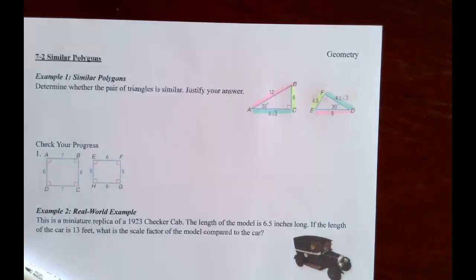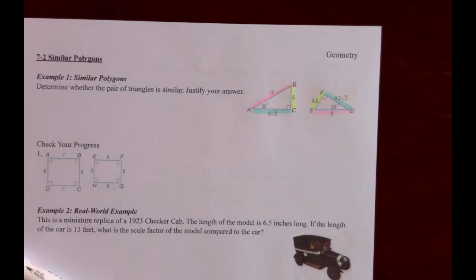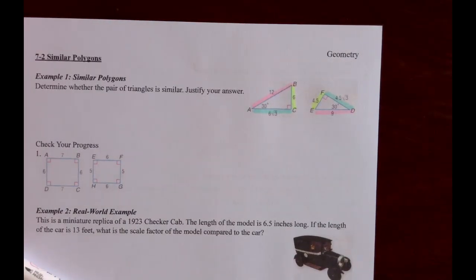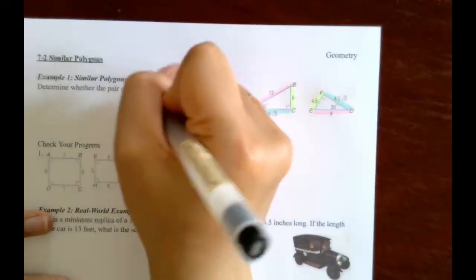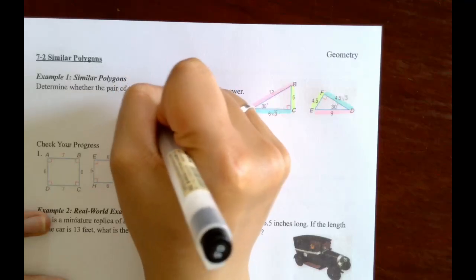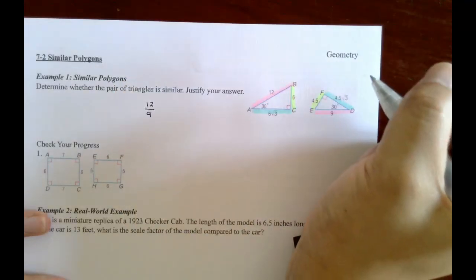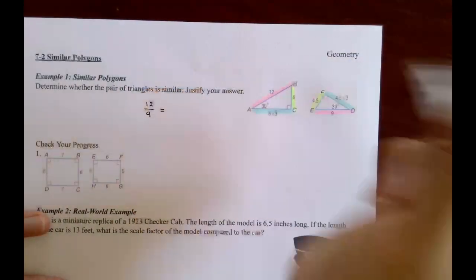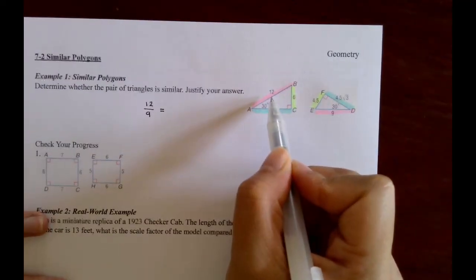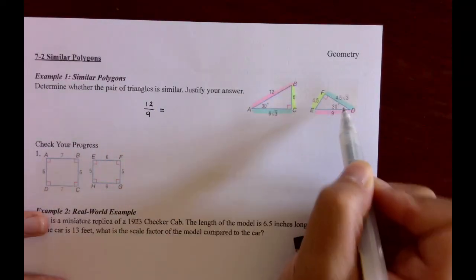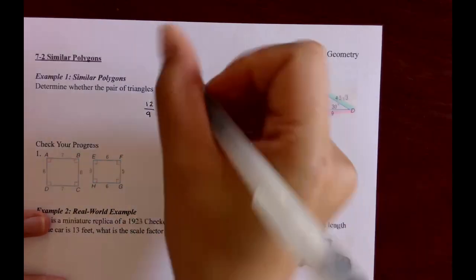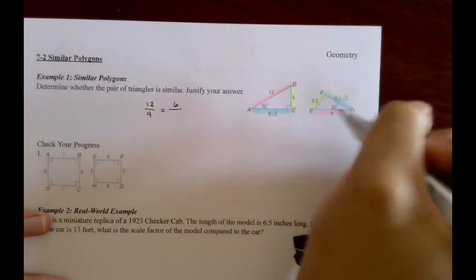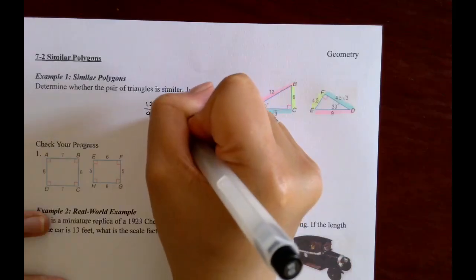So we're going to see if the sides are proportional. We're going to match pink with pink. Longest side, 12/9. We want to know, is it proportional? Since I chose this one to be on top and this one to be on bottom, I need to stay consistent. So this 6 will be on top, and its corresponding side, we think, would be the 4.5.